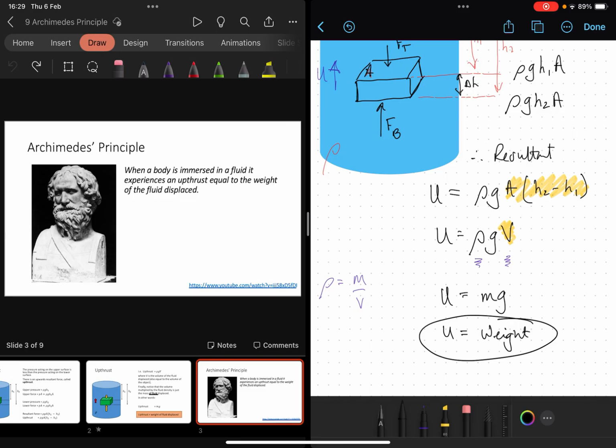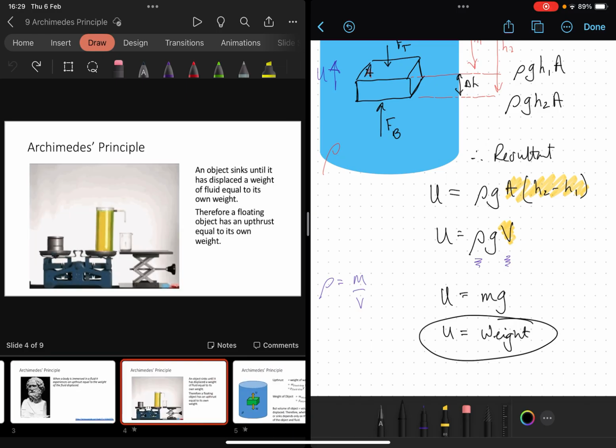So Archimedes' principle states that when a body is submerged into a fluid, there is an upthrust acting on it, which is equal to the weight of the fluid that is displaced. In this little animation, there are quite a few things going on. You may have noticed that the balance changed position when that object was placed in it.